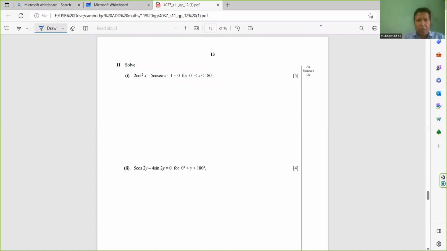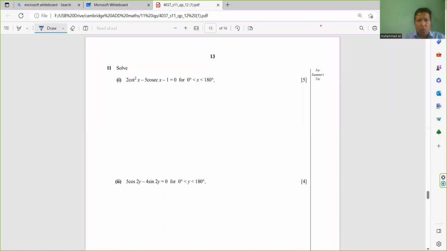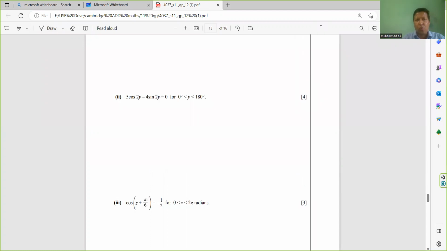Question 11 is: solve 2 cot square x minus 5 cosec x minus 1 equals 0 for x greater than 0 degree and less than 180 degree. Part 2: 5 cos 2y minus 4 sin 2y equals 0 for y greater than 0 degree and less than 180 degree.